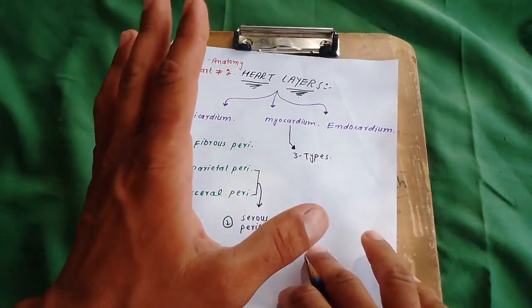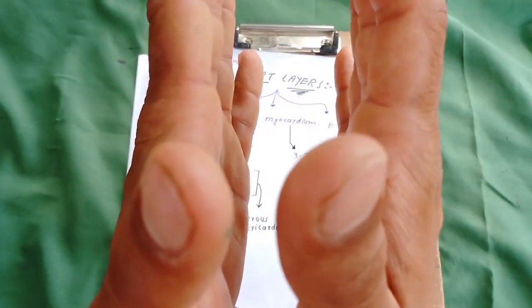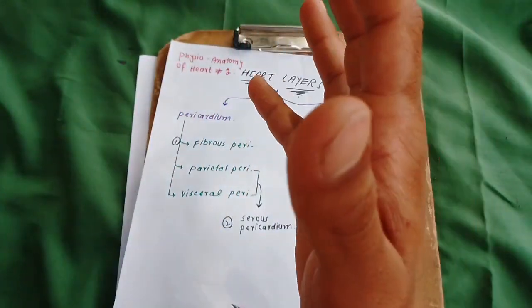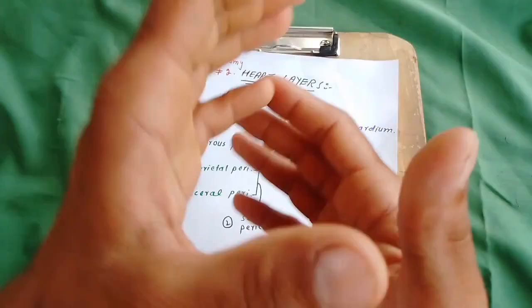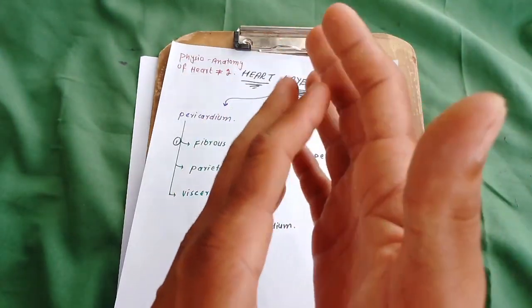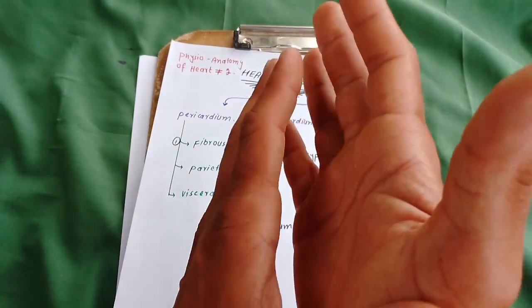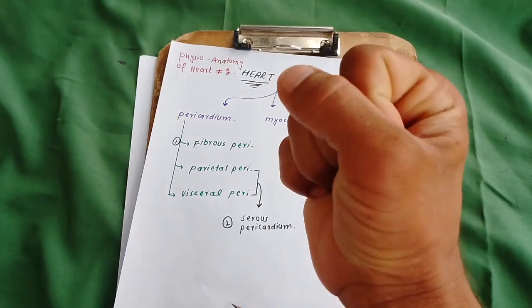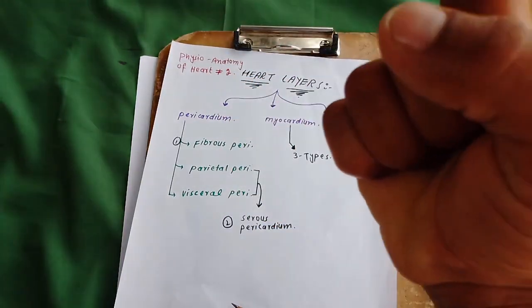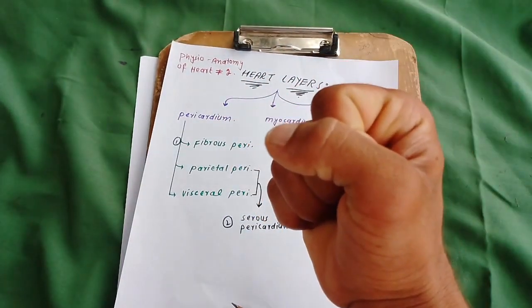The heart, as we know, is a very active muscular organ, working from fetal life up to death. It is the only unique organ which works around the clock, day and night.